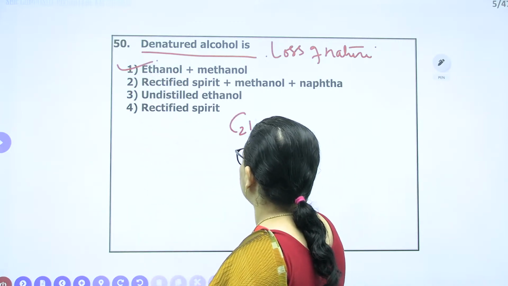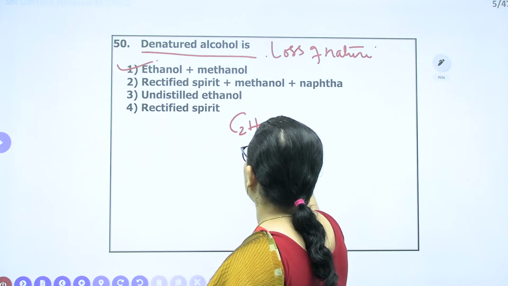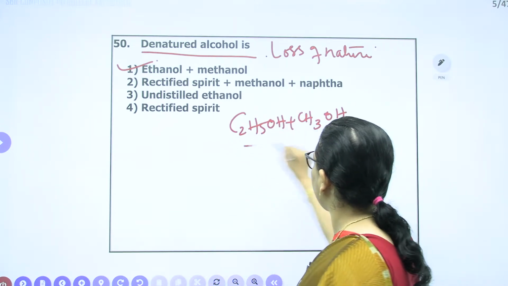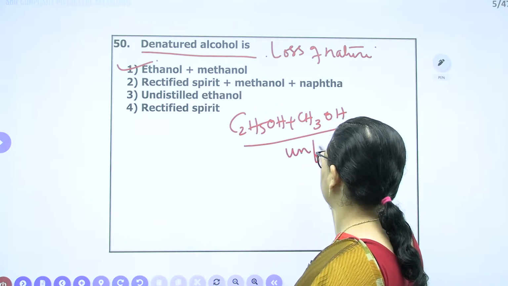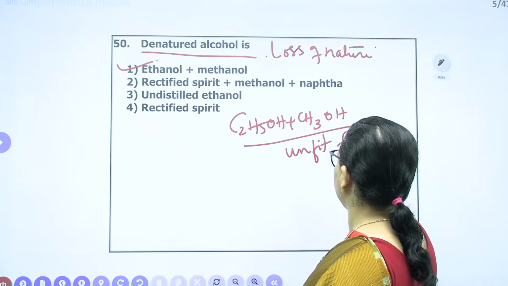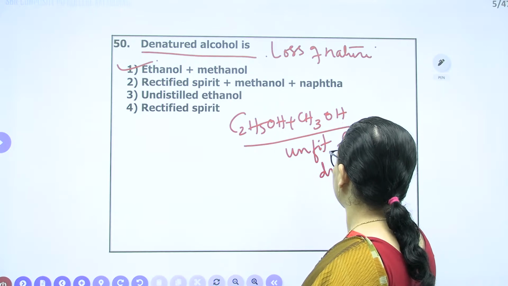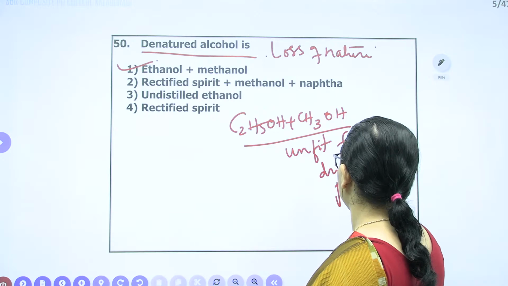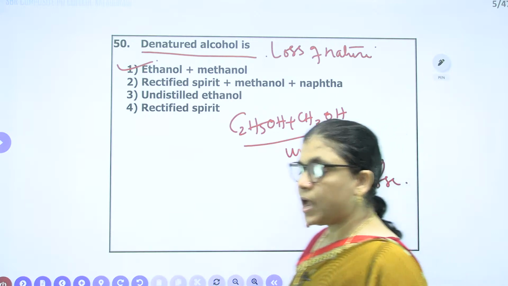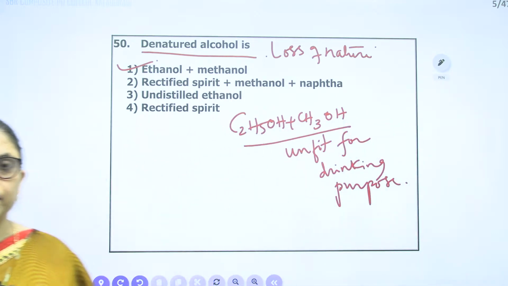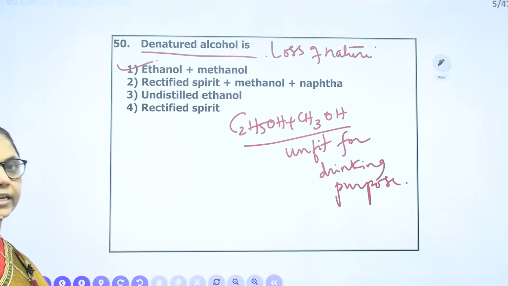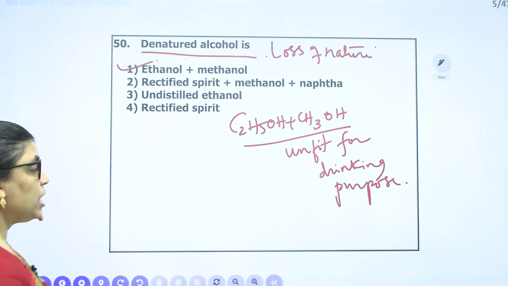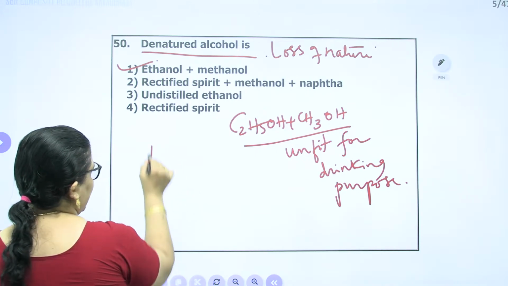Remember here, ethanol and methanol mixture is called denatured alcohol and it is unfit for drinking purpose. Another point that some exams have asked is that this mixture of ethyl alcohol and methyl alcohol also contains pyridine.